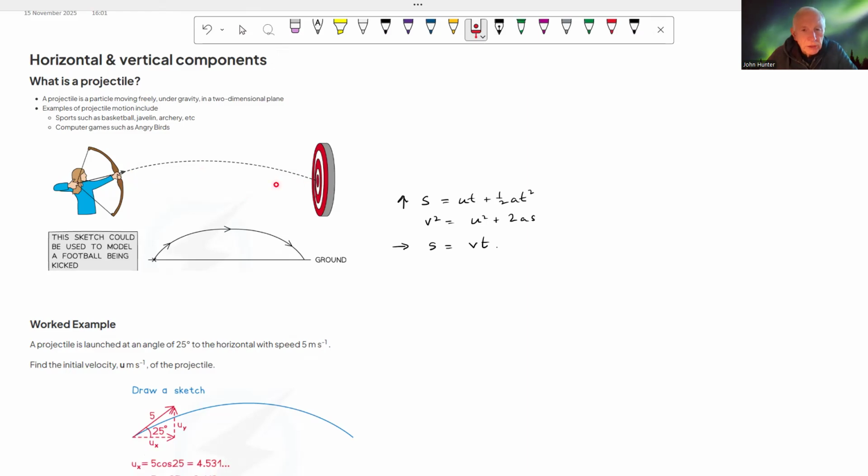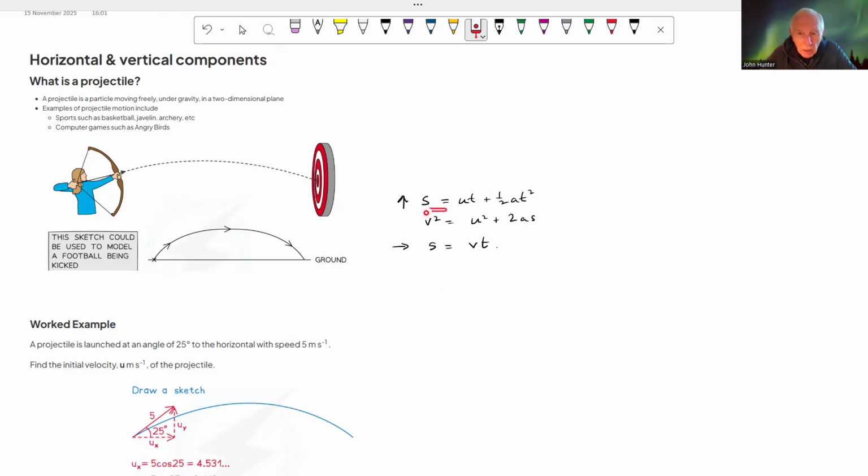And then we've got the horizontal as well. We're assuming there's no acceleration or deceleration, generally speaking, in these models. So what we're essentially looking at is applying this SUVAT equation to the vertical motion, which incorporates the acceleration, and this one to the horizontal, obviously excluding acceleration.